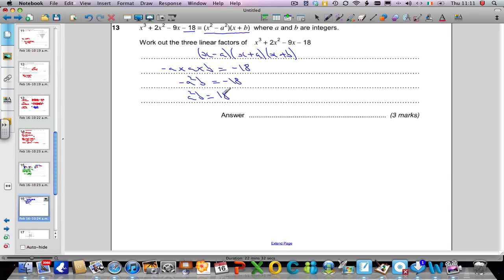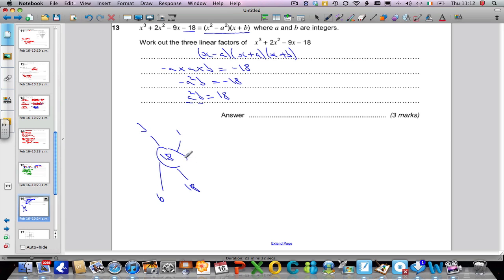And can I break 18 into two numbers such that one number is a square number and one number is not? Well, if you think of the factors of 18, let's come down here. Factors of 18 are 1 and 18. No good. What else have we got? We've got 6 and 3.